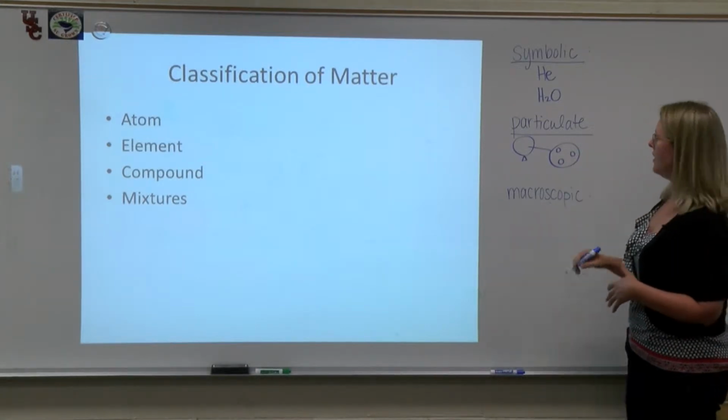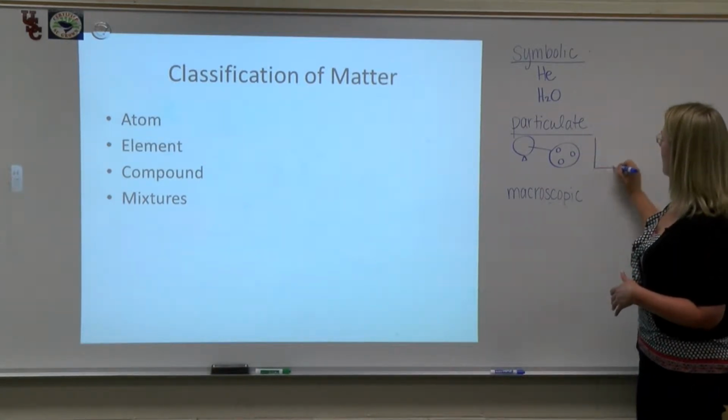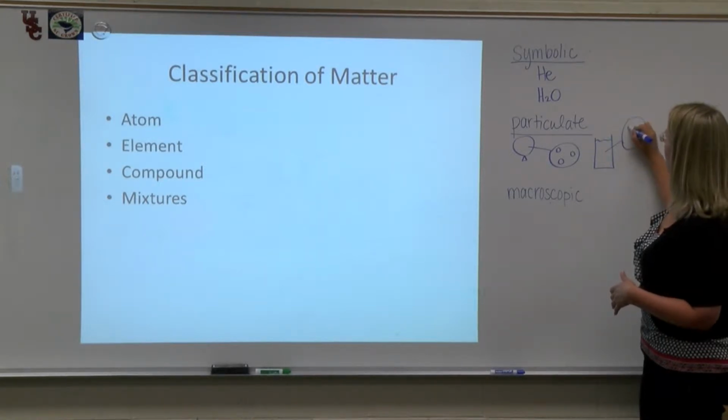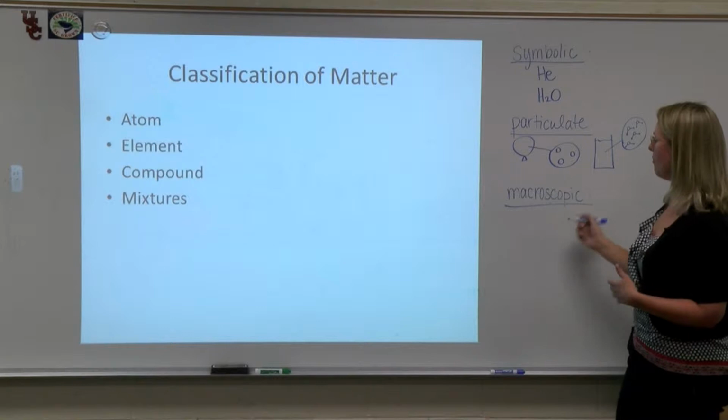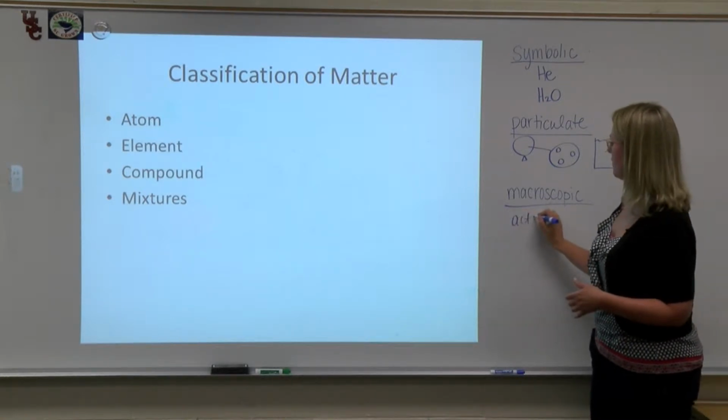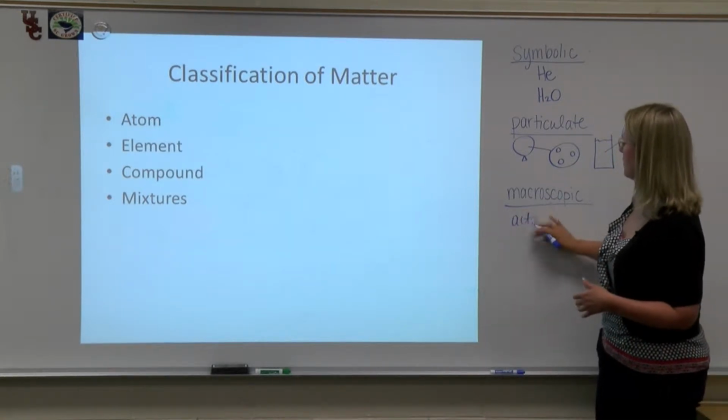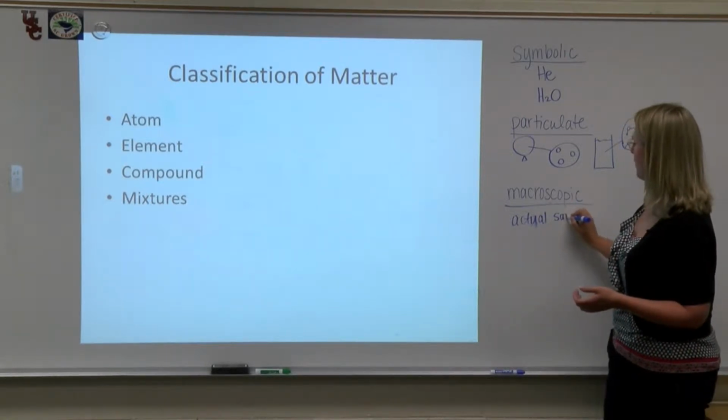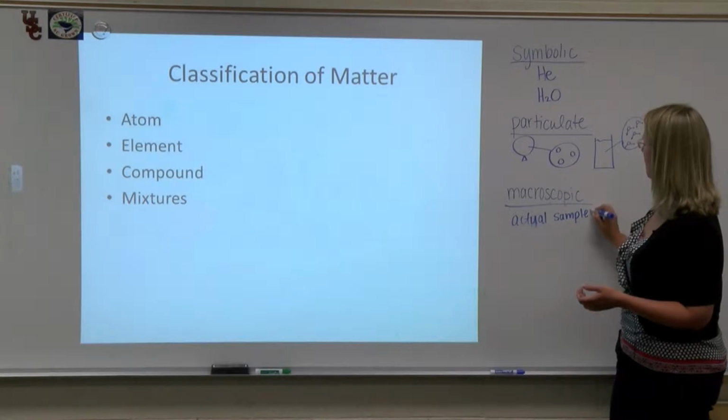And for our glass of water, we might draw something that looks like this, at the particulate level. And then, of course, macroscopic would be the actual samples, the actual samples that you have out for the students to look at. You can always have pictures. You don't have to have the real thing.